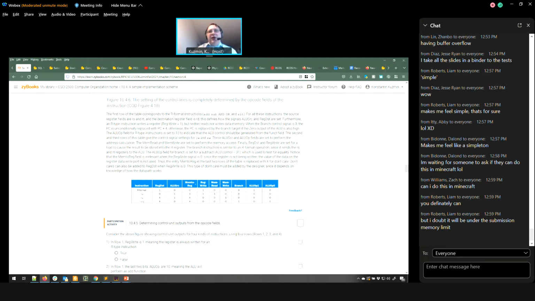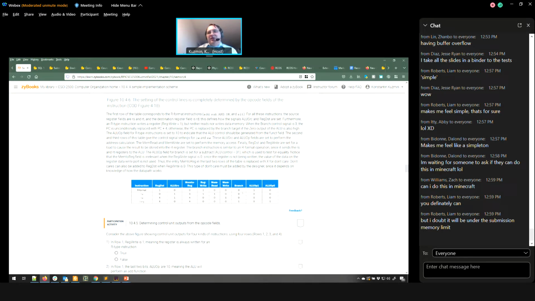And then if you look at each column, it gives you an idea of how to design those control signals. For example, for branch, the only time it's 1 is when there's BEQ and the registers have the same value.